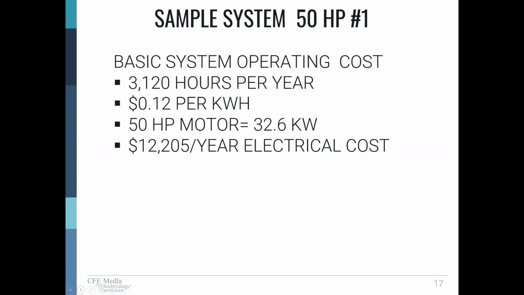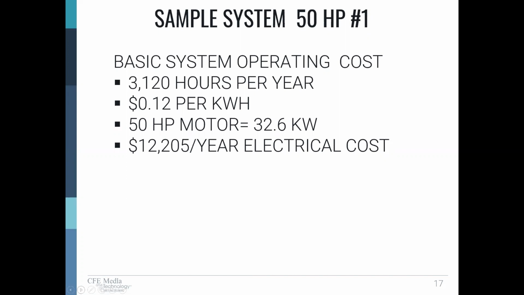And likewise, if it's less hours per day, it would adjust things downward.